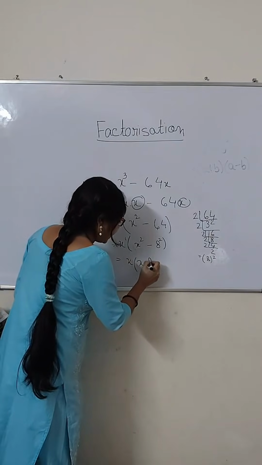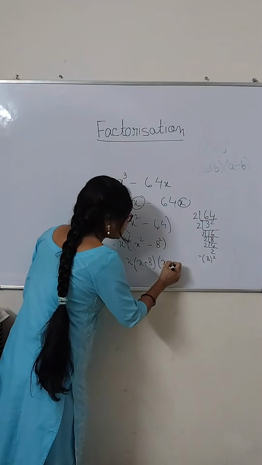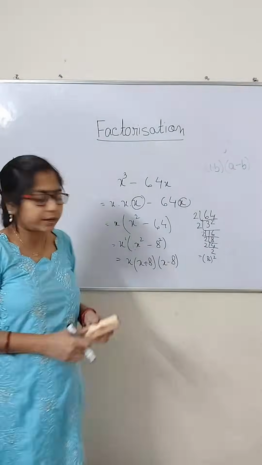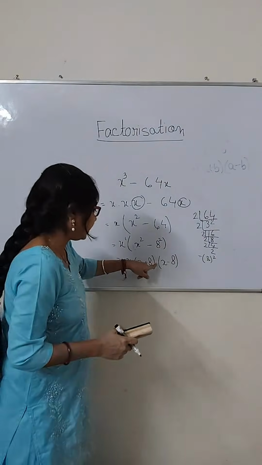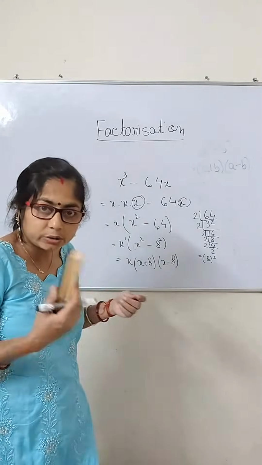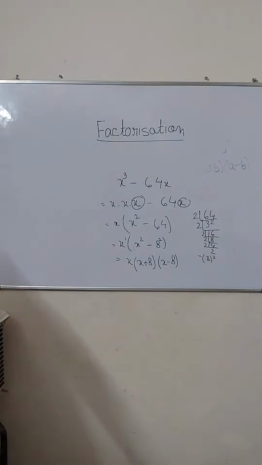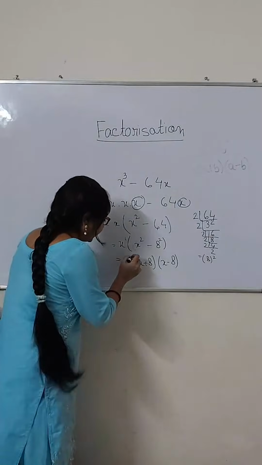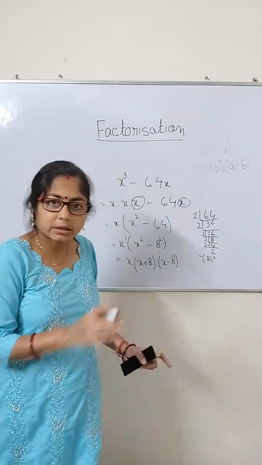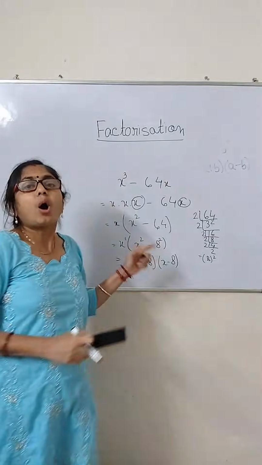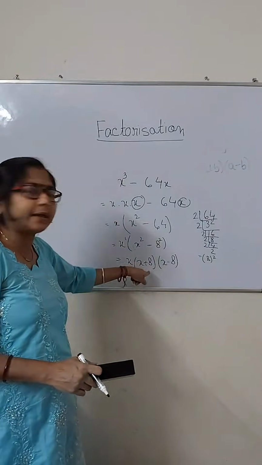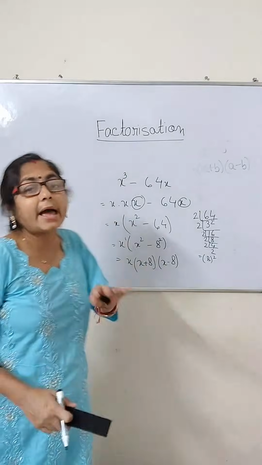x plus 8, x minus 8. Okay. One thing you please check it. If there is any multiplier sign, without bracket you can use. But if there is any plus or minus sign, then I can use a second bracket. Clear? Here all the functions are multiplication. If I multiply here, then I multiply here, all the answers come the same.